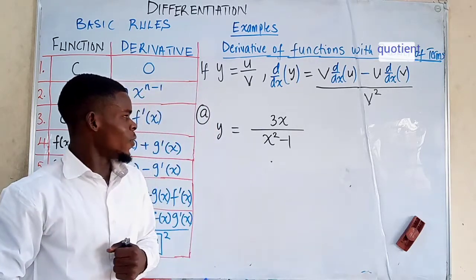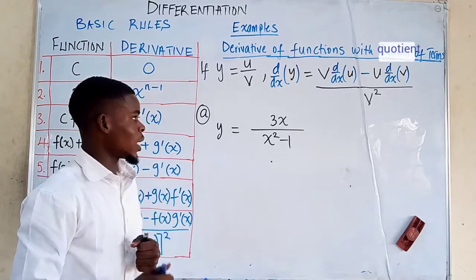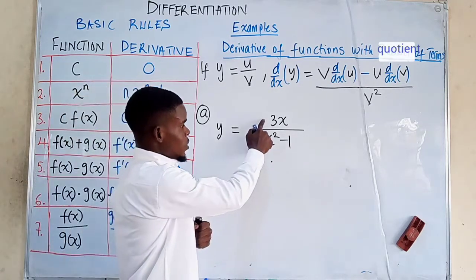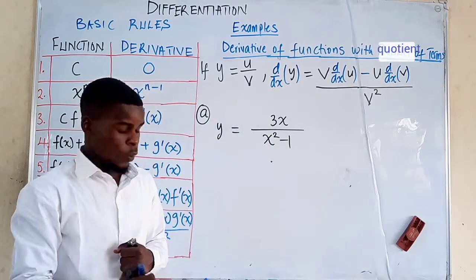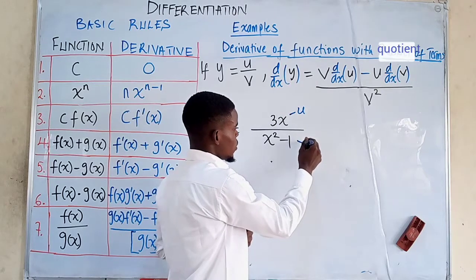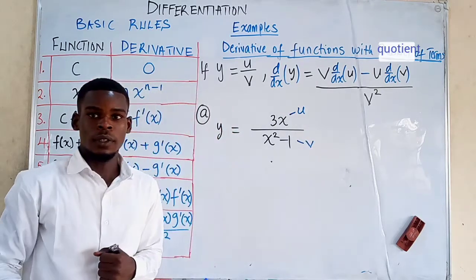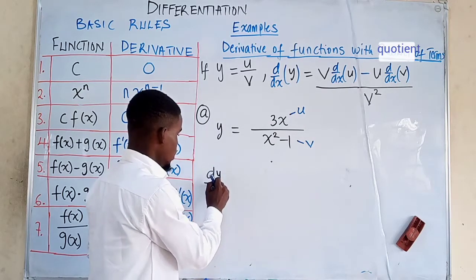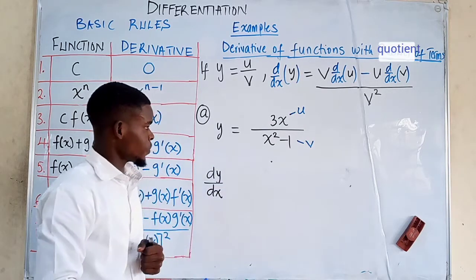Let's look at the example we have here and see how we can apply that. We have y, which is just a fraction, 3x over x squared minus 1. I can call the numerator u and the denominator v. We want to find the derivative of y with respect to x.